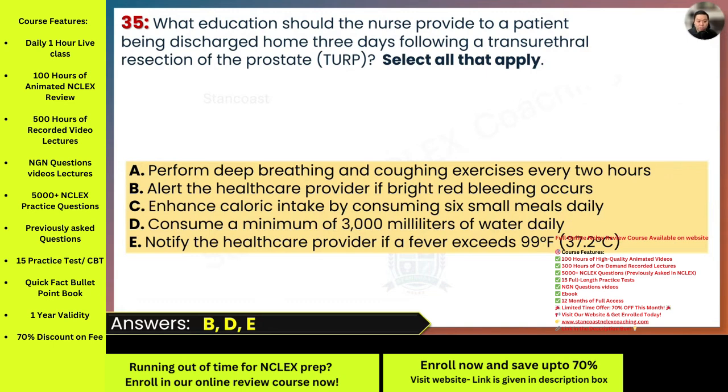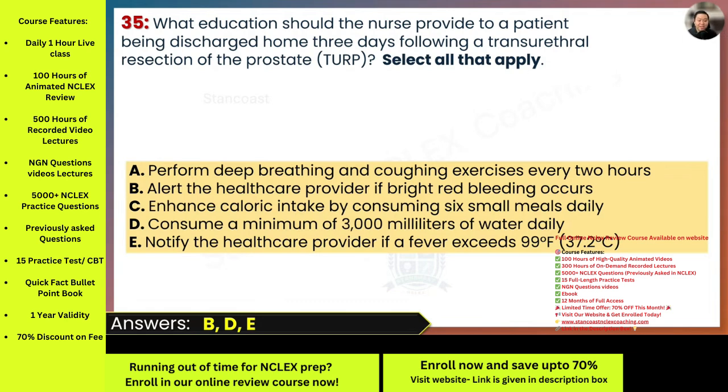So your role as a nurse is to educate the patient. You have to get the patient to monitor their temperature at home and also alert the healthcare provider if it exceeds this threshold, because the fever might also signal sepsis or maybe other serious complications.